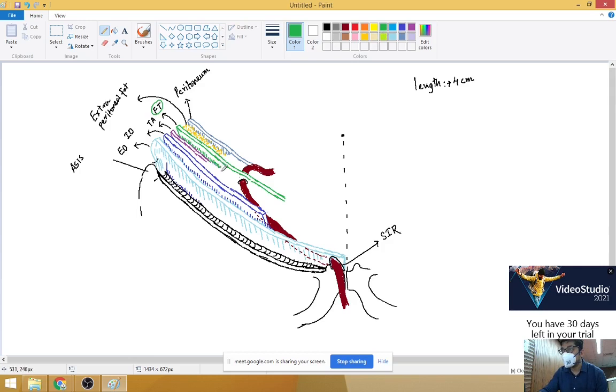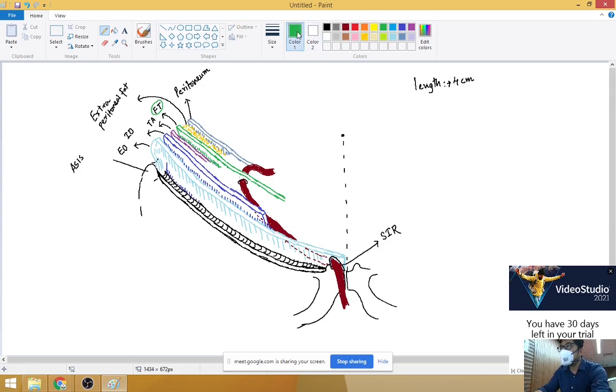So I think till here you have understood the different layers. Yes? Yes, sir. Okay. Now you see, this part from the deep inguinal ring to the superficial inguinal ring, where the spermatic cord travels, forms a canal, and this canal is known as the inguinal canal.